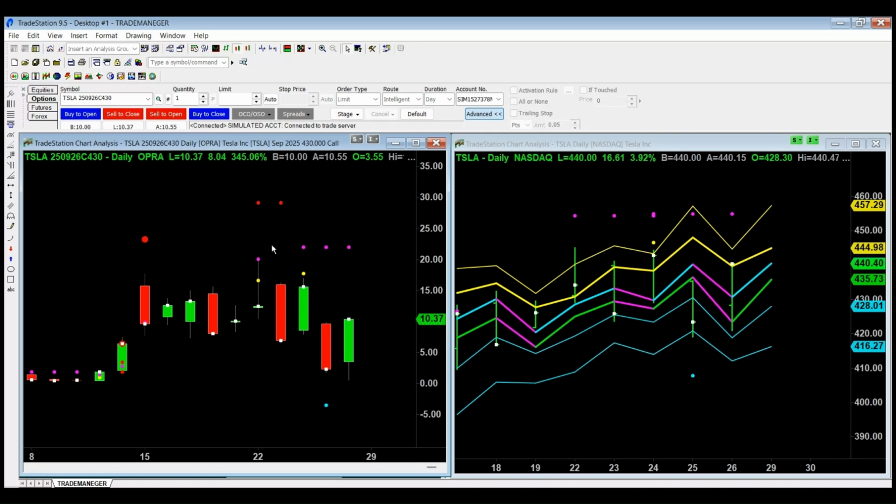If you don't have those effective support and effective resistance trend lines, it's very hard to understand how high and how low it will go and when it will have a price reversal.